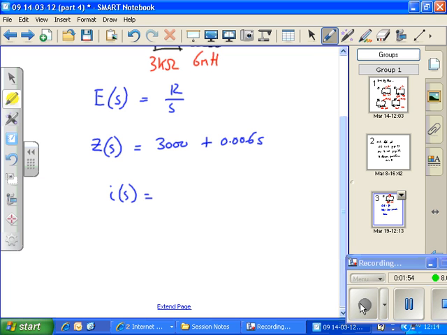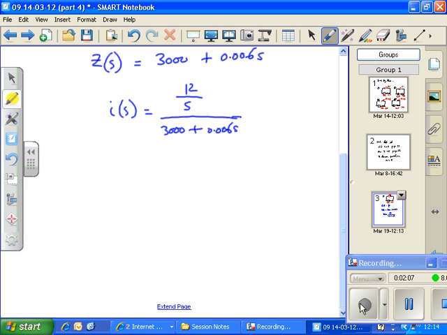IS equals 12 over S over 3000 plus 0.006 S, equals 12 over S into 3000 plus 0.006 S.